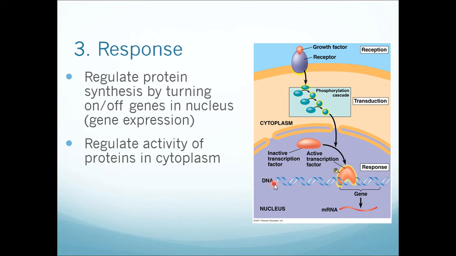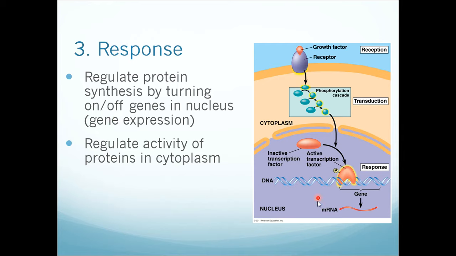Or it's giving instructions on how to make a protein. But sometimes you don't want that protein. Sometimes you only want that protein if you need it. And so this allows us to basically control how much of that protein we're making at any given time. So this is one form of gene regulation. This is where we regulate our gene expression.